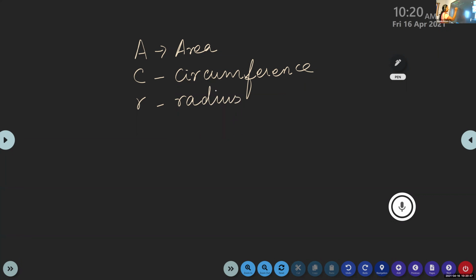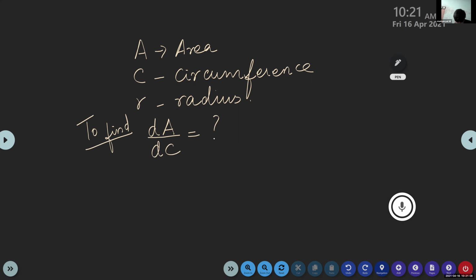What do we have to find? The rate of change of area of a circular disc with respect to circumference. You have to find dA by dC.